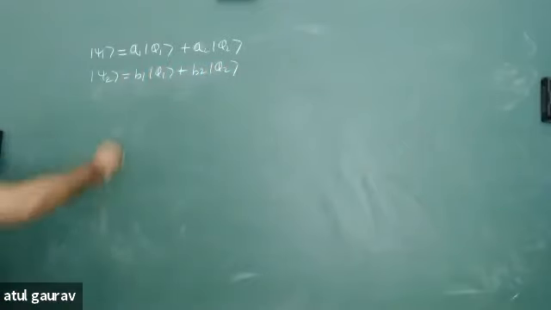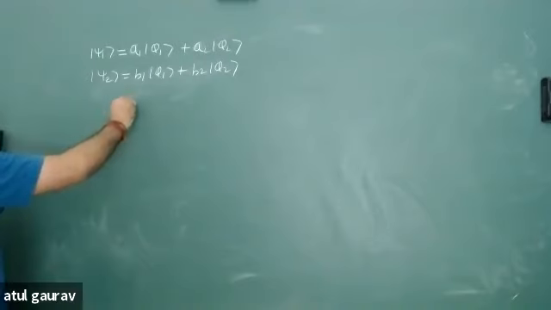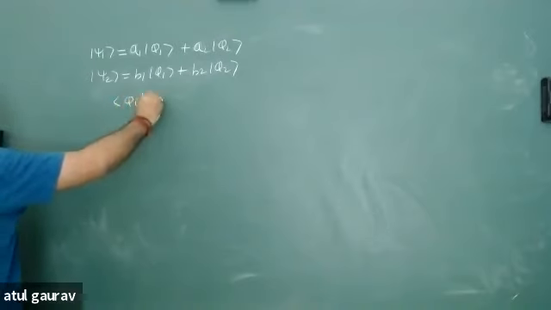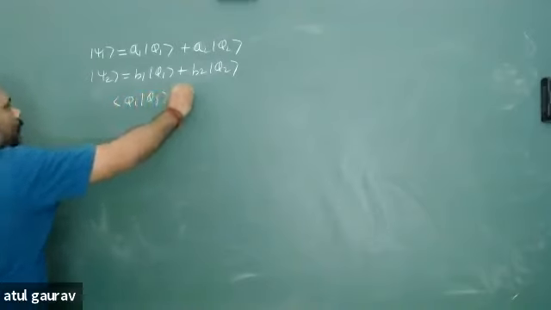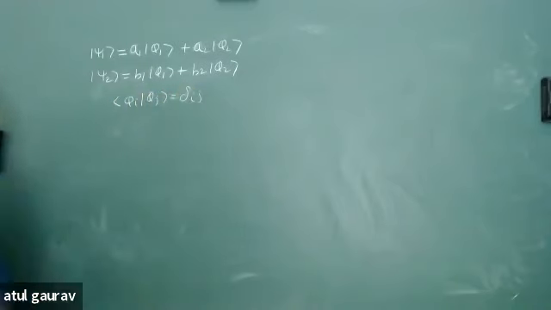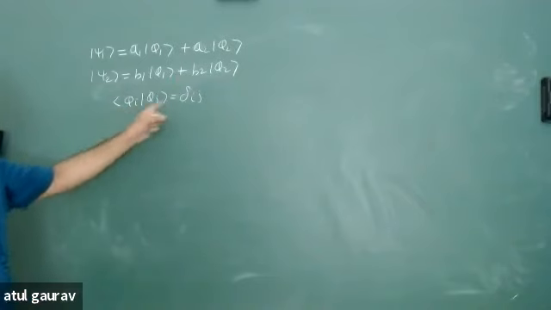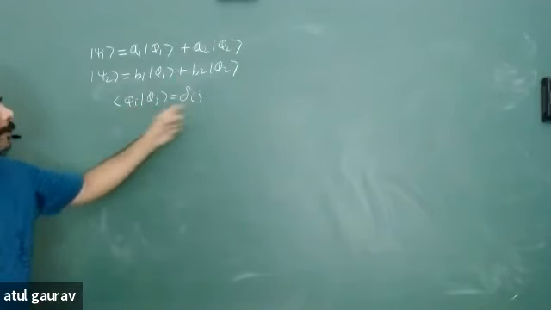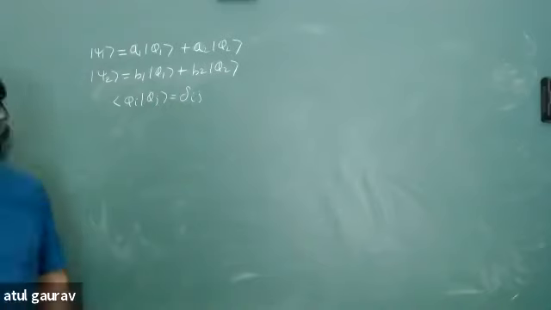It is also given that <phi_i|phi_j> is delta ij. What is the meaning of that? The meaning is that phi i and phi j are orthonormal. They are just orthonormal.